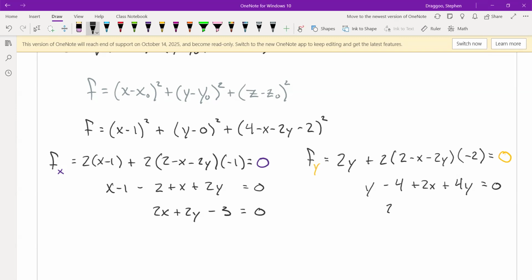And if I reorganize everything, 2x plus 3y minus 4 is 0. Cool, I've got my system of 2 equations. I can see that I've just got 2 lines because both my x and my y's are linear. So if I'm solving a system of linear equations, I would expect exactly 1 point.